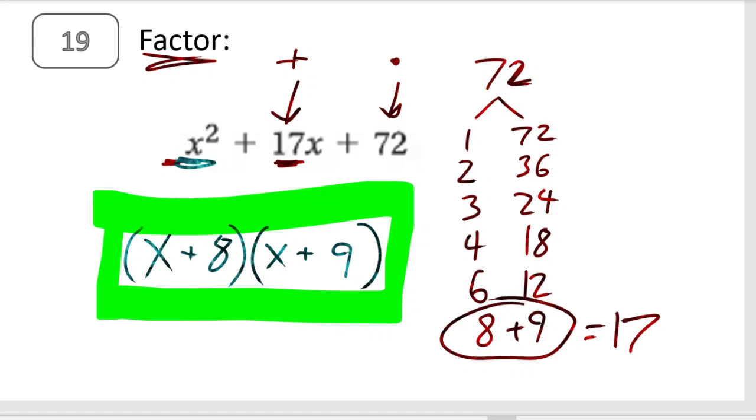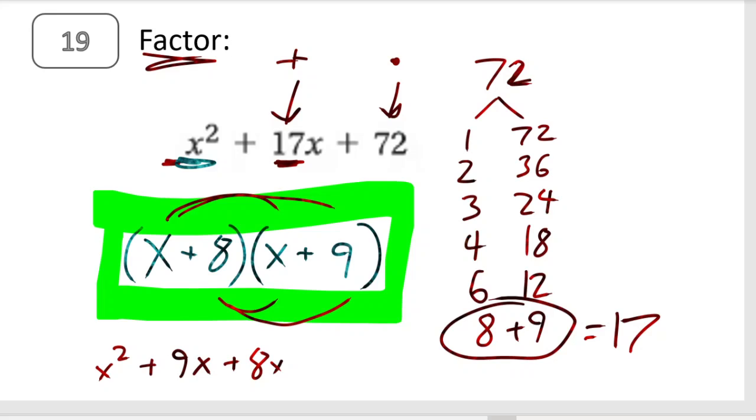We can double check that it is by doing the opposite of factoring, which is distributing. And if we were to FOIL all of these, we would have x times x, which is x squared. We would have x times 9, which is plus 9x. On the bottom, 8 times x obviously is 8x.